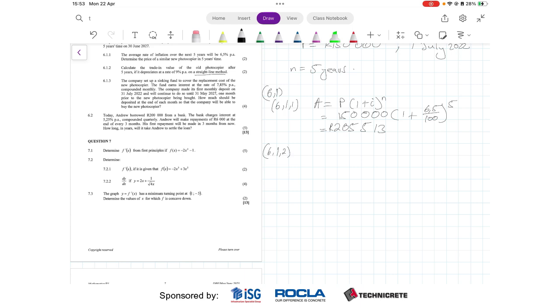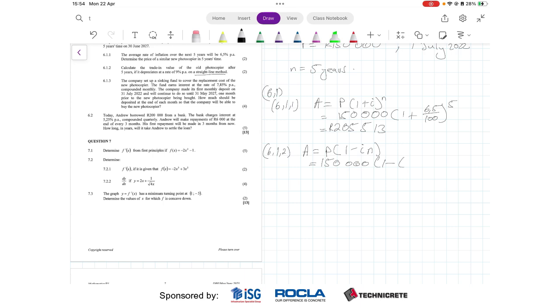What formula are we using? Not the compound interest formula, but the linear interest formula. This is equal to P into 1 minus i multiplied by n, and that's it. You just plug in your numbers.